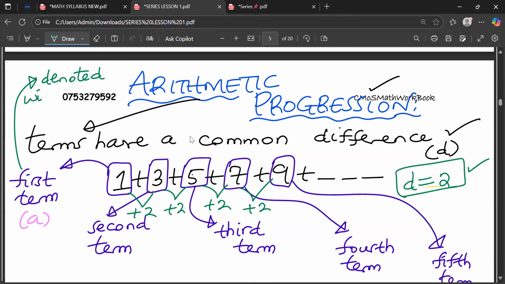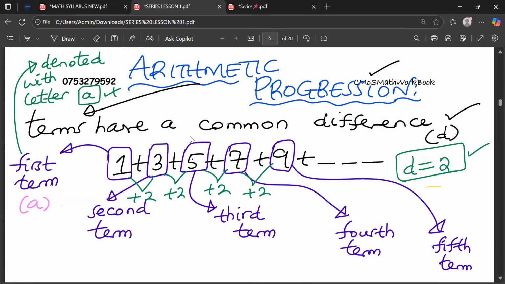Denoted with letter A. You understand? Yeah, that is the first term, denoted with letter A. Hope that is no news.